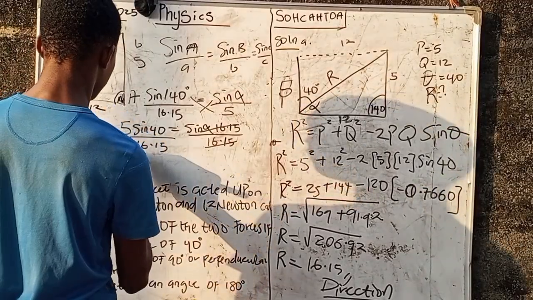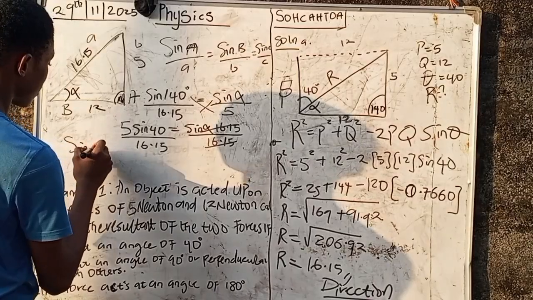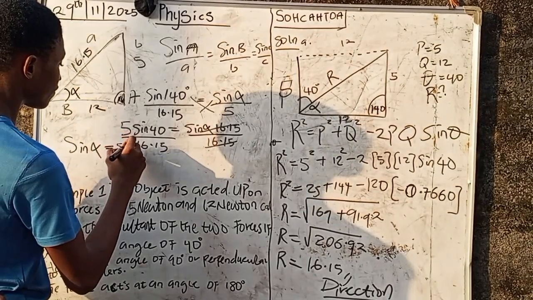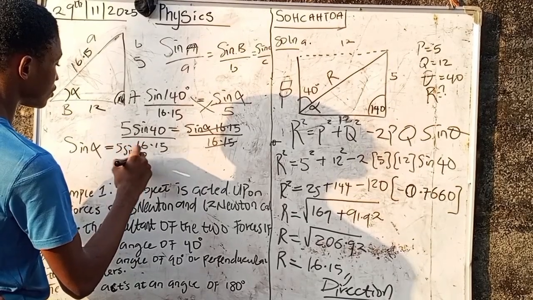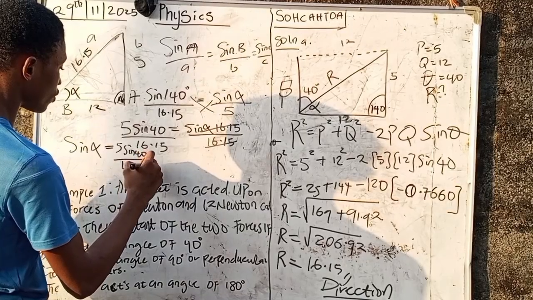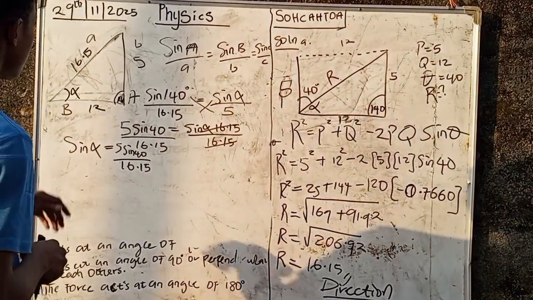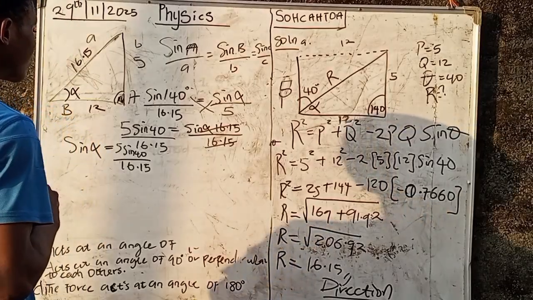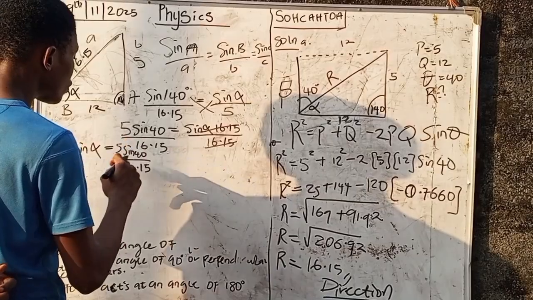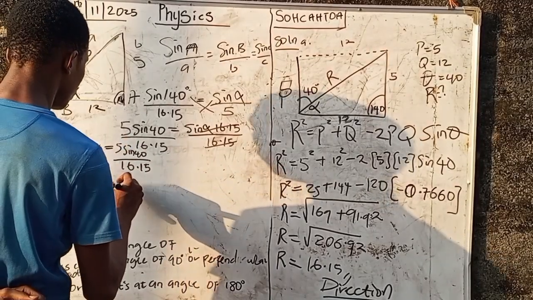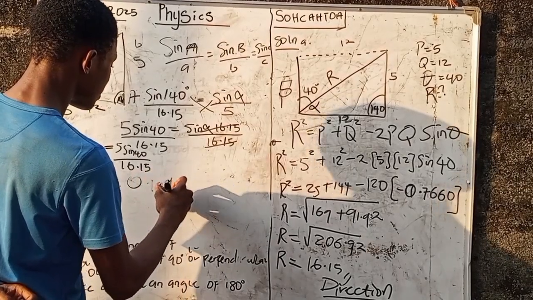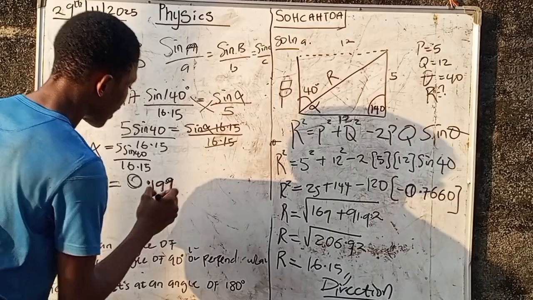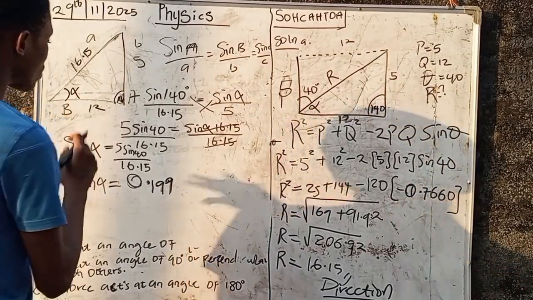So now we have sine alpha equals 5 sine 40 all over 16.15. So 5 sine 40 all over 16.15 will give us 0.199. So now we'll collect like terms.